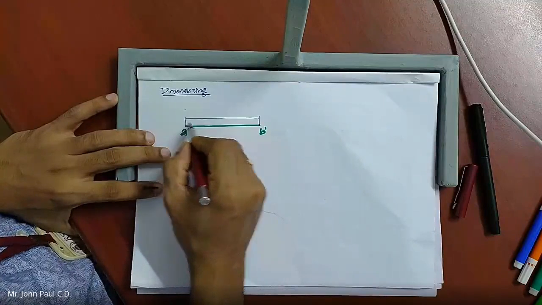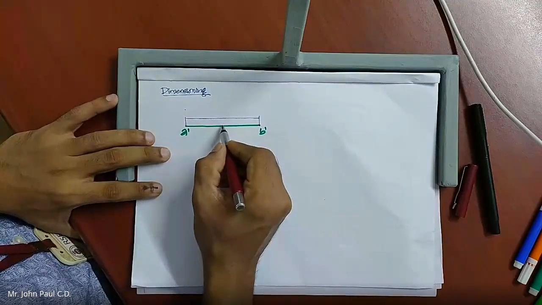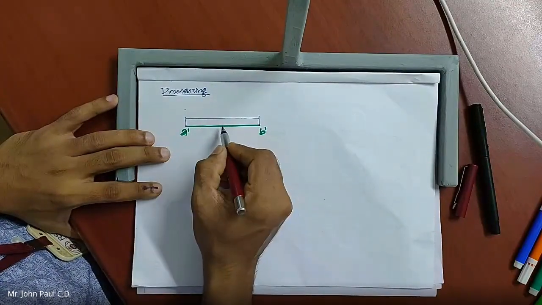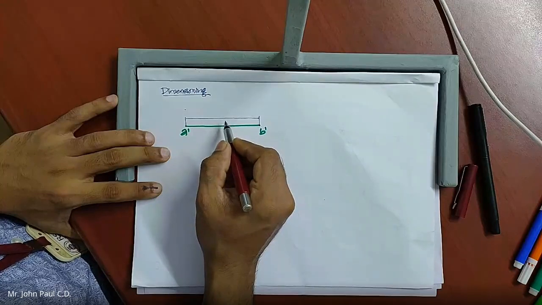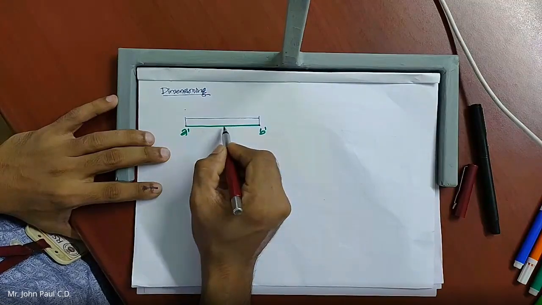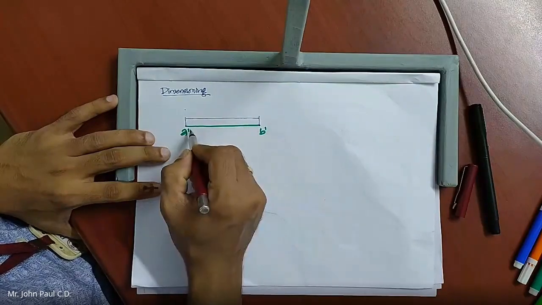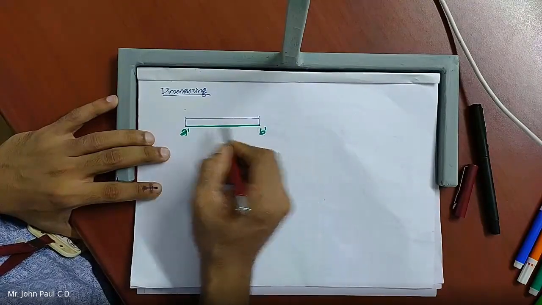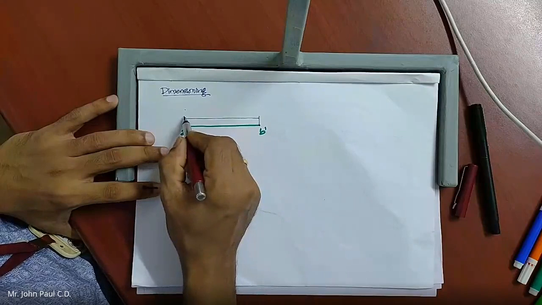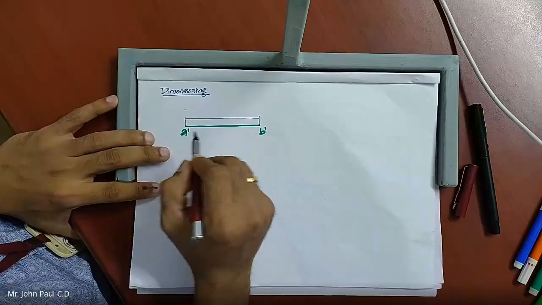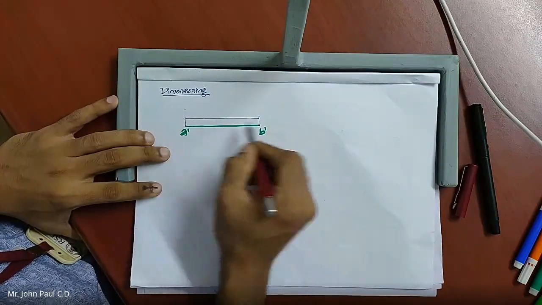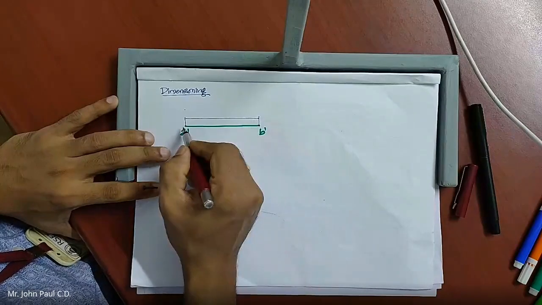So I have to draw a dimension line which is parallel to the line of which I am marking the dimension. So this is the line of which I am going to mark the dimension here. So I will draw a dimension line parallel to this line. And connecting these two, I have a small end projector from this end and this end.